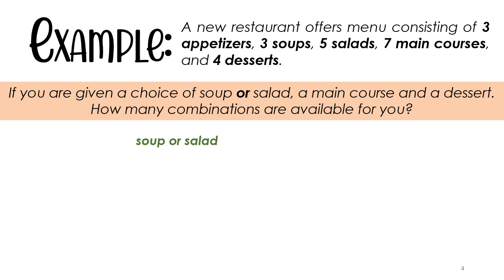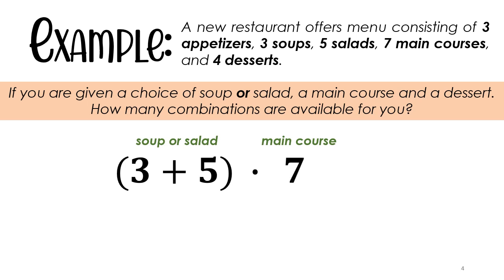Now, if we have the word or, we can either have 1 soup or 1 salad, so we can write it as 3 plus 5. Again, we have 3 choices for the soup and 5 choices for the salad. Then we can also have a main course, so that is times 7.